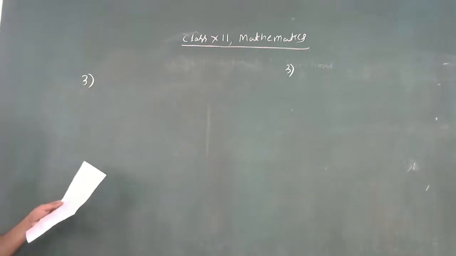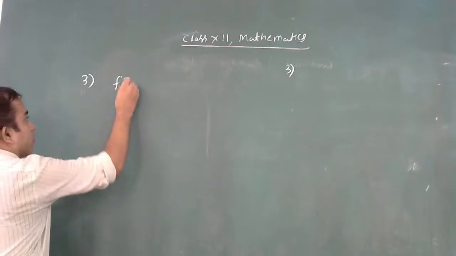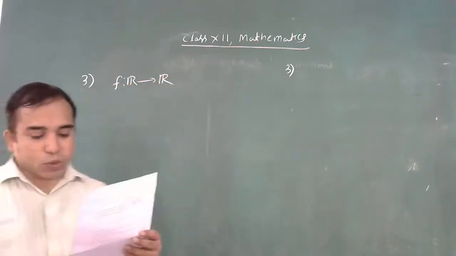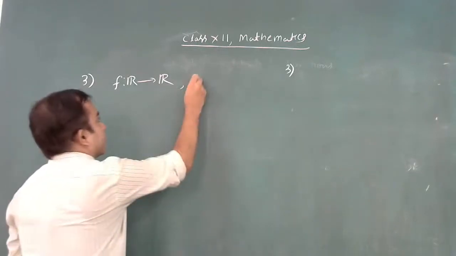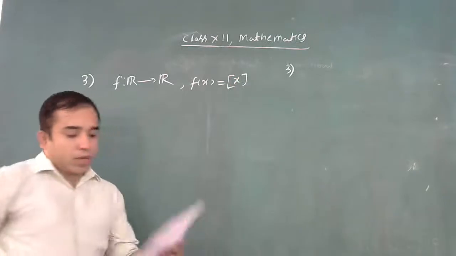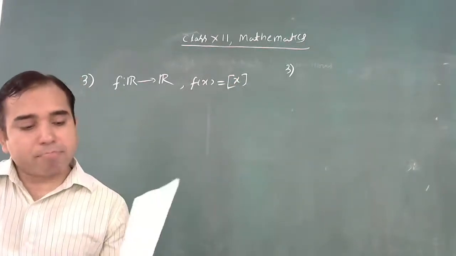That prove that the greatest integer function f from R to R given by f(x) equal to greatest integer x is neither 1-1 nor onto. Graph.